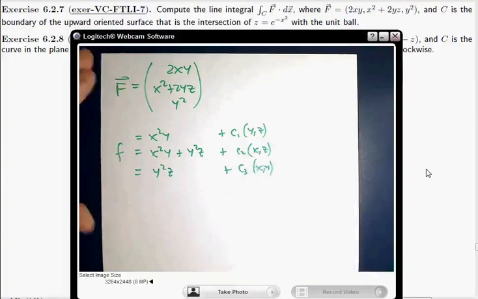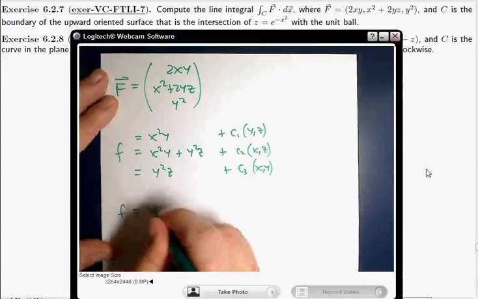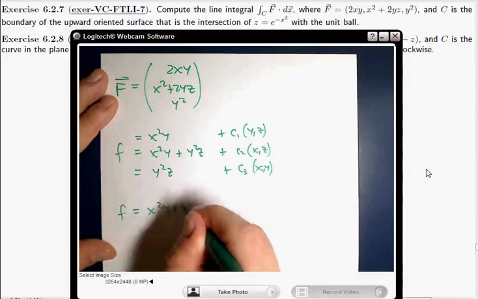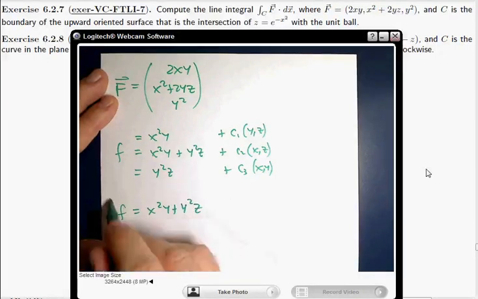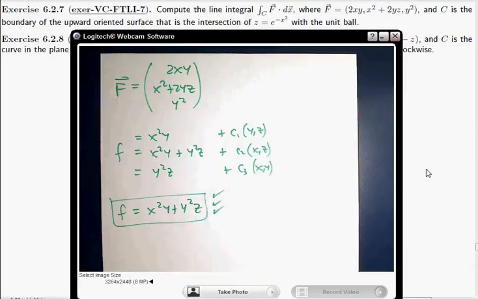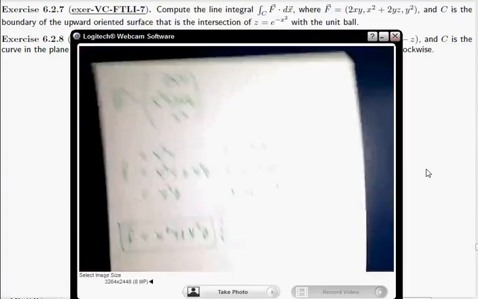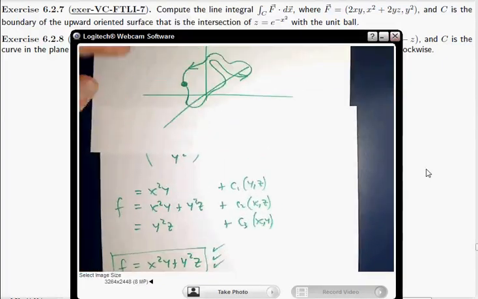So there's our mix and match game. There's an easy winner. x squared y plus y squared z works, right? It's triple check on all three of these. Cool? Everybody happy?